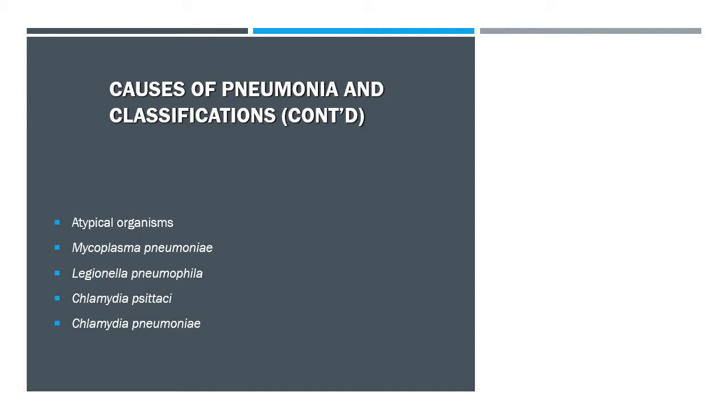Viruses are minute organisms and aren't visible to ordinary light microscopy. They are parasitic and depend on nutrients inside of cells. About 90% of acute upper respiratory tract infections are caused by viruses.